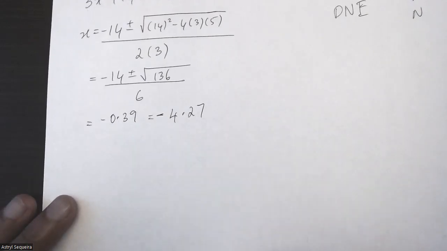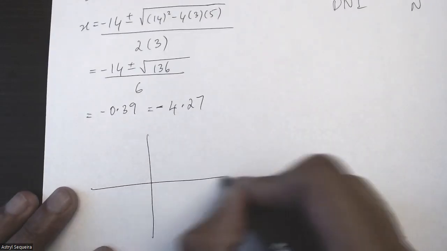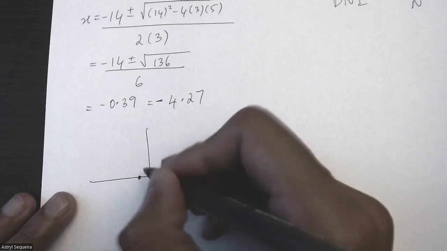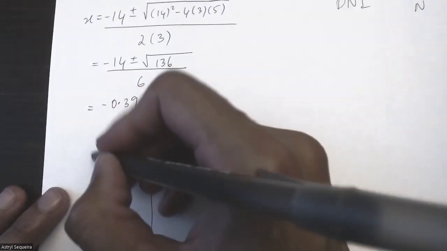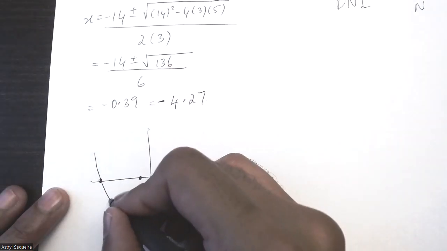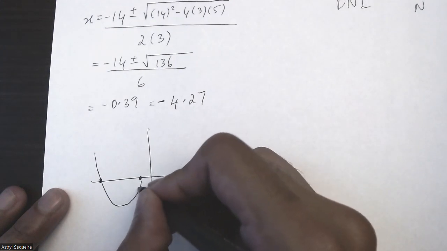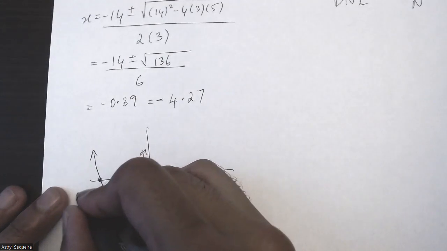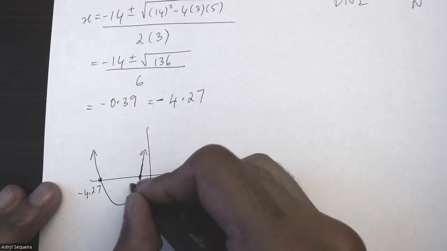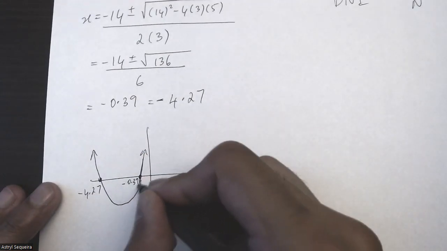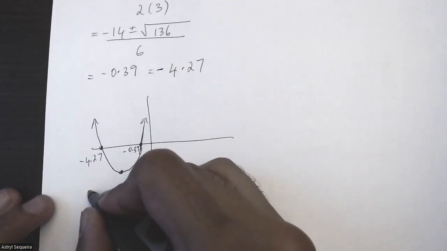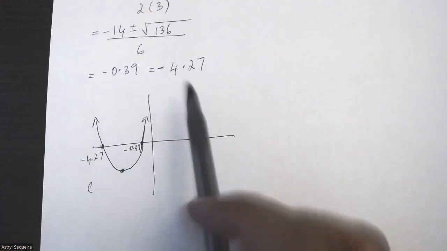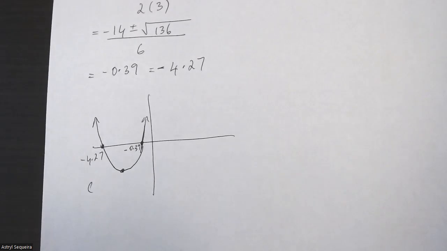Okay, when we get our x-intercepts over here, negative 0.39 and negative 4.27, it's a positive equation, so it opens up. And then we can find the vertex using the same midpoint method. So I'm just going to add these and divide by 2.